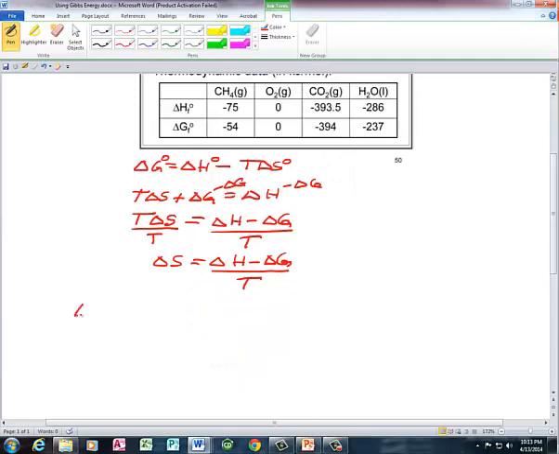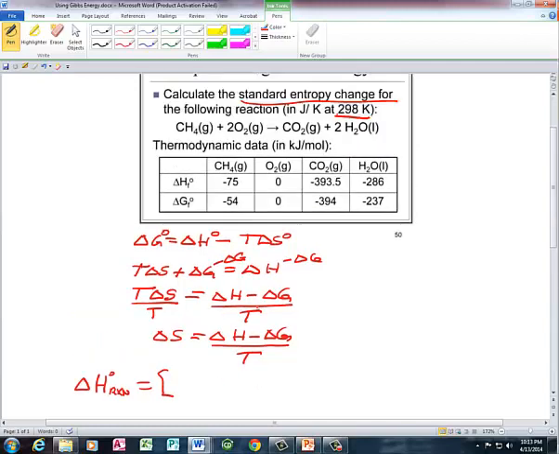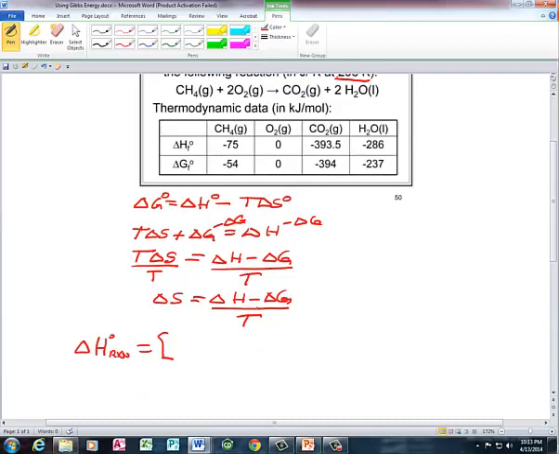So using the tabulated data above, the delta H for the reaction under standard conditions will equal the sum of the products minus the sum of the reactants. For my reaction, the products are carbon dioxide, and the delta H of carbon dioxide, and there's only one of them, is minus 393.5, plus I have two liquid water, so that'll be 2 times minus 286. Close that off.